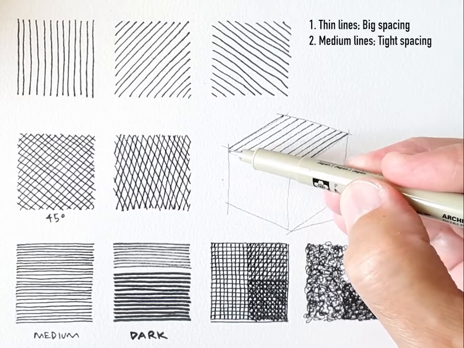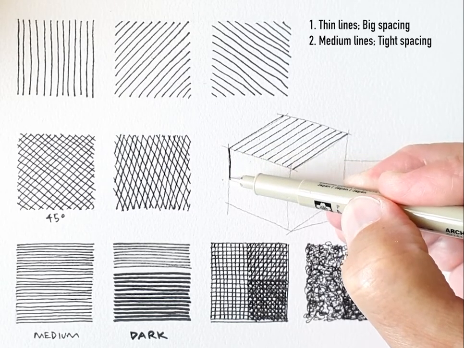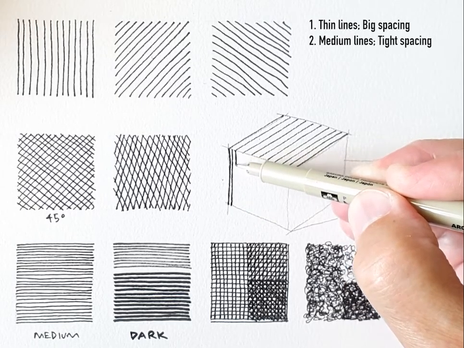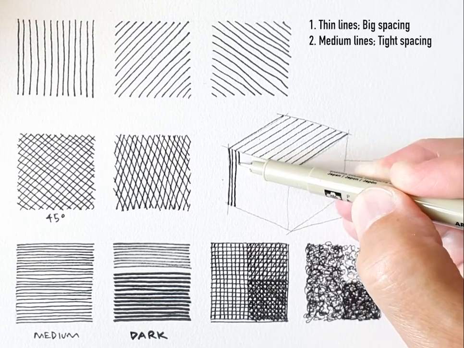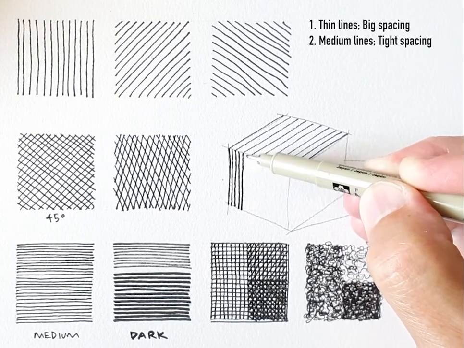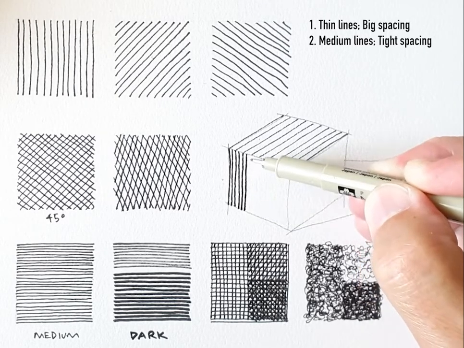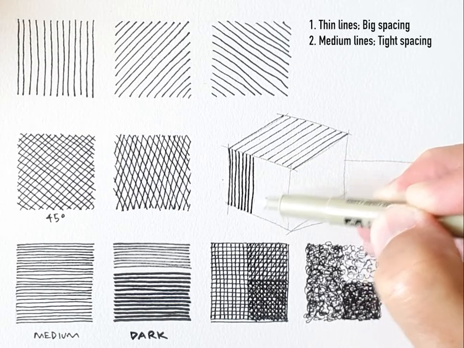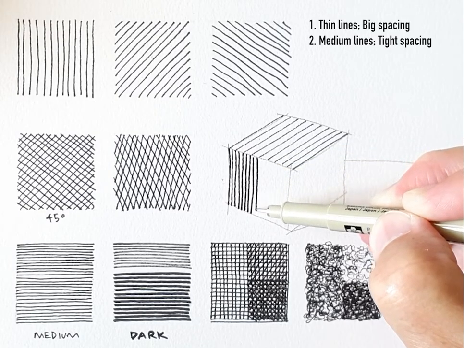And now we want to come back in with this face, which is medium tone, and we do that by tightening up the spacing as well as pressing slightly harder on the pen. So I'm using the same pen as I did for the top surface, but this time I'm exerting more pressure.